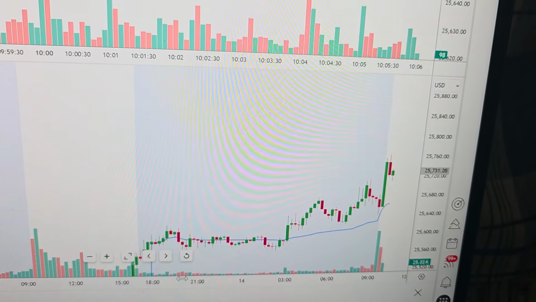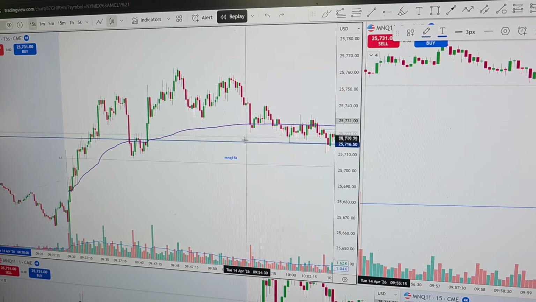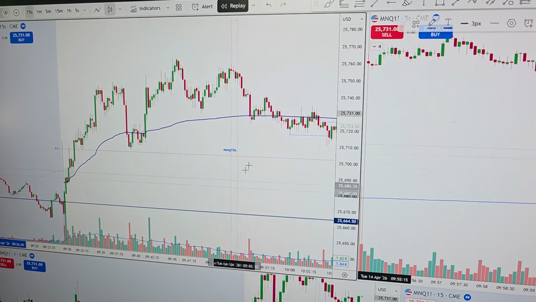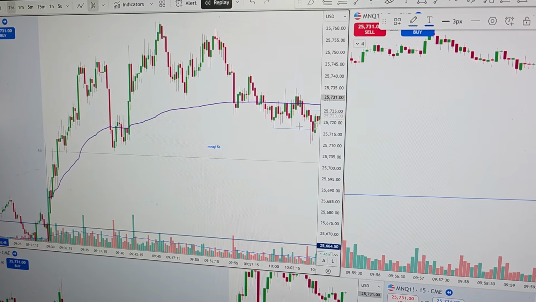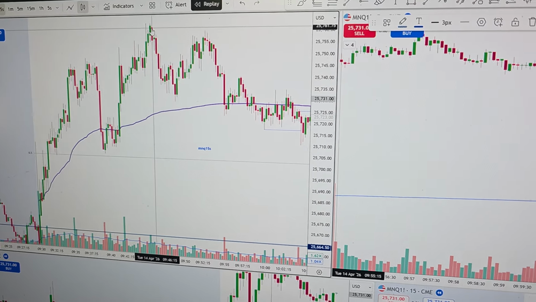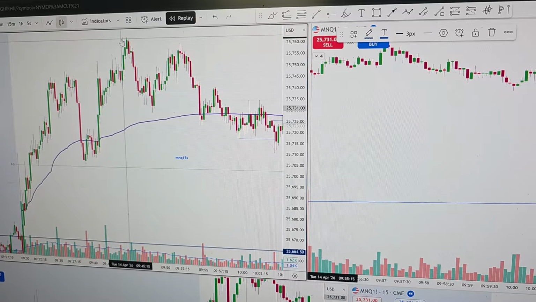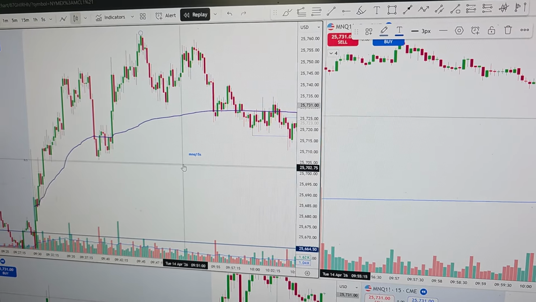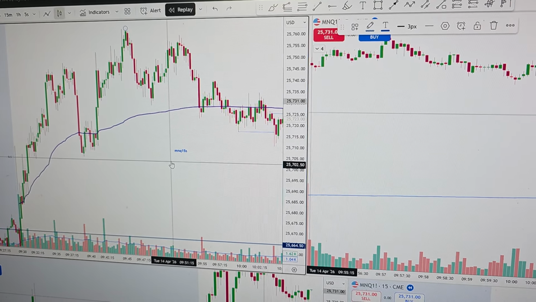Okay, so now to clean up the chart, I will take away the point of interest because we've engaged it. And now we need to see what we're sweeping and what kind of CISD we're working with and what kind of pullback we actually have. We made the high up here, and we have a 50% retracement here.